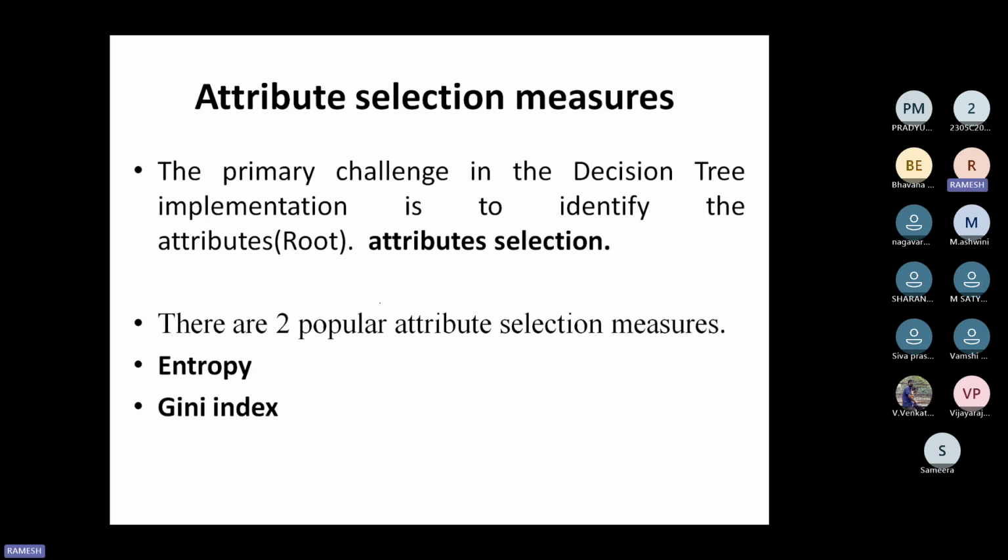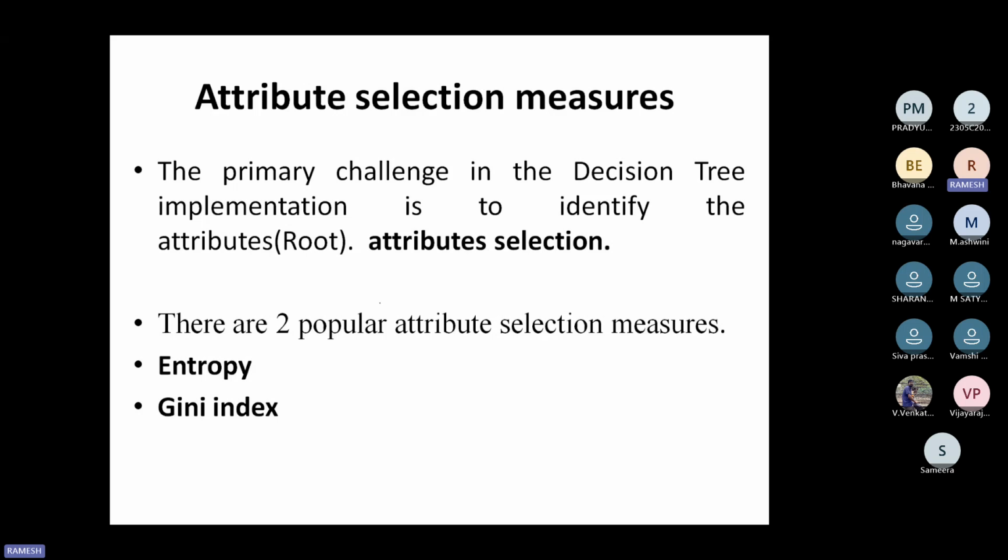Purity level means it is not mixed. Whenever it is yes, the output is decided. No need to check other columns. Whenever the output is no, then you can check the other columns.